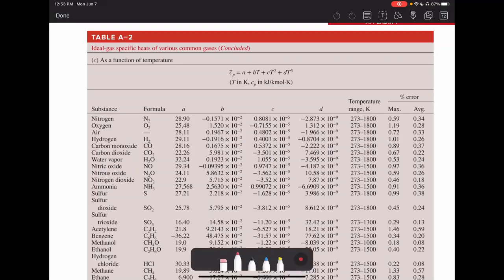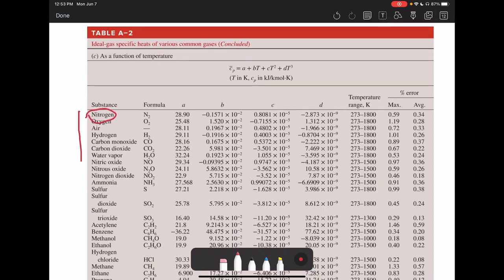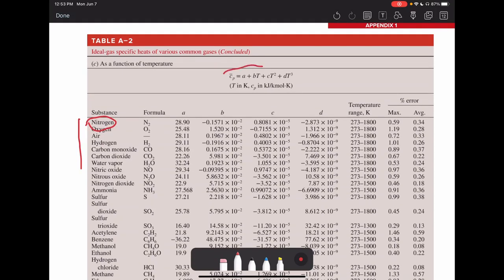For example, if we have nitrogen, we would plug A, B, C, D and our temperature values into this equation and get a value for Cp at that temperature. We could then plug that into our integral and integrate with respect to temperature.